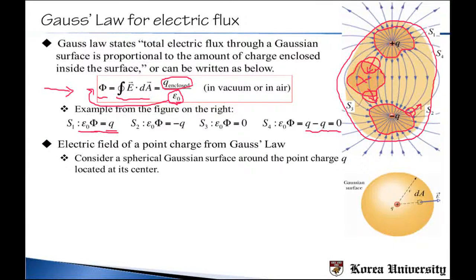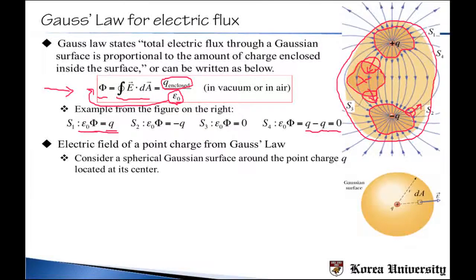And then let's try to use Gauss's law in the previous case that we have learned. Before learning Gauss's law, we learned how to get the electric field around one point charge based on the idea of Coulomb's law. Now try to use Gauss's law in this case and see what you get.